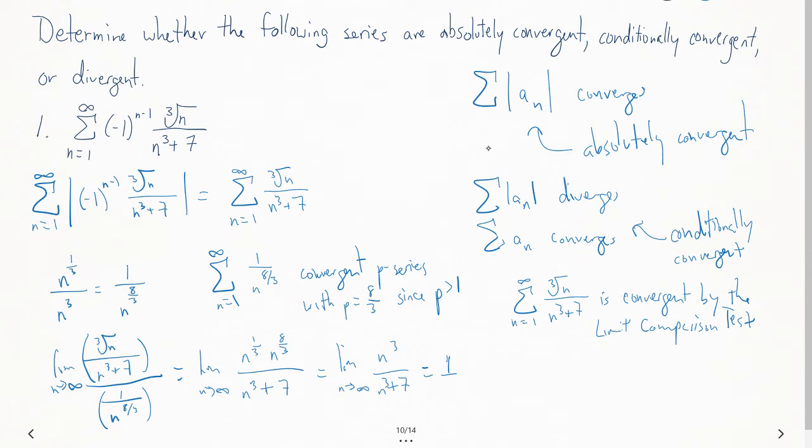But since that's the absolute value, that means that the summation n equals 1 to infinity of negative 1 to the n of the cube root of n over n cubed plus 7 is absolutely convergent.